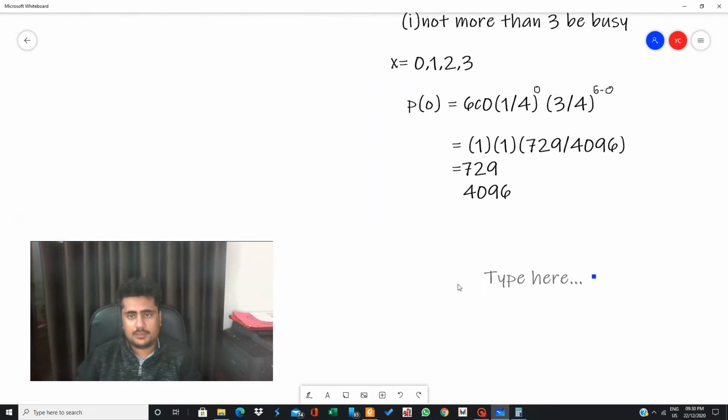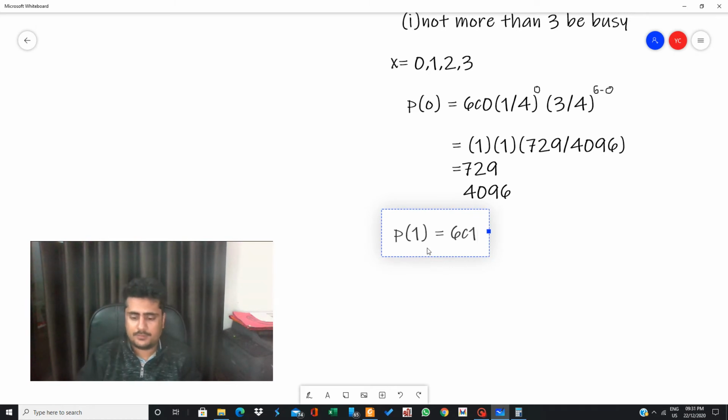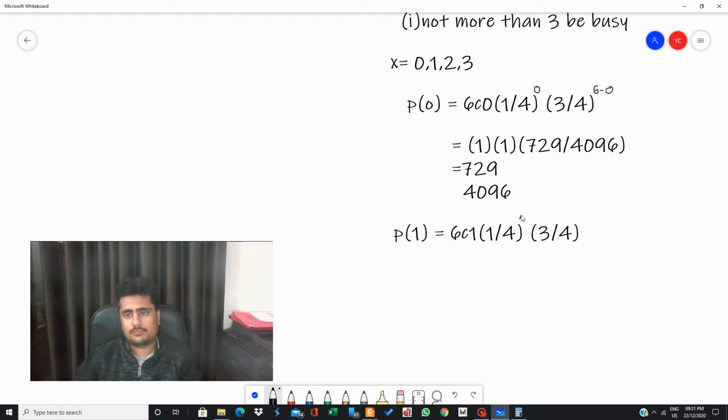In a similar way I must find P of 1. So it is 6C1, 1/4 raised to 1, and 3/4 raised to 6 minus 1.